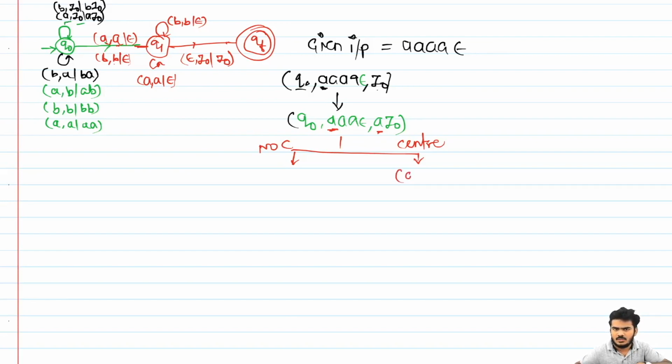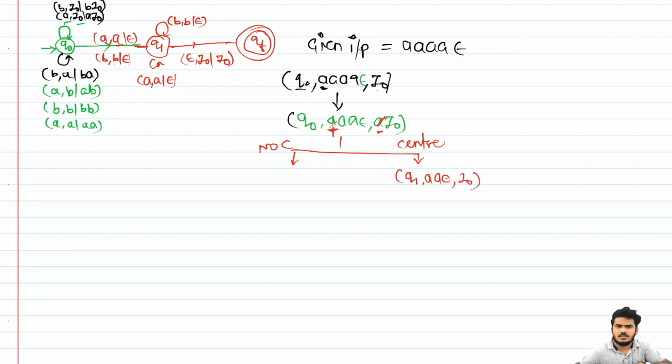So I go into the Q1 state and pop this A for the given input A. In Q1 the remaining input is AA, with epsilon, and the stack is Z naught.